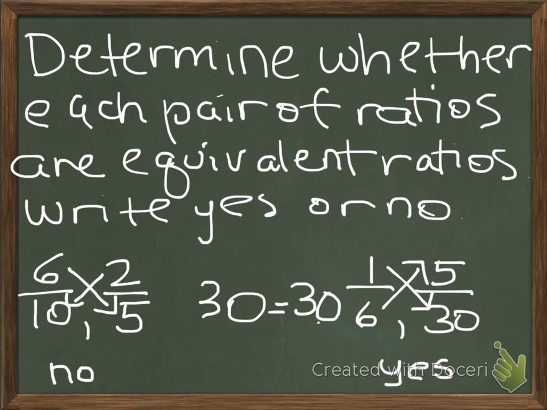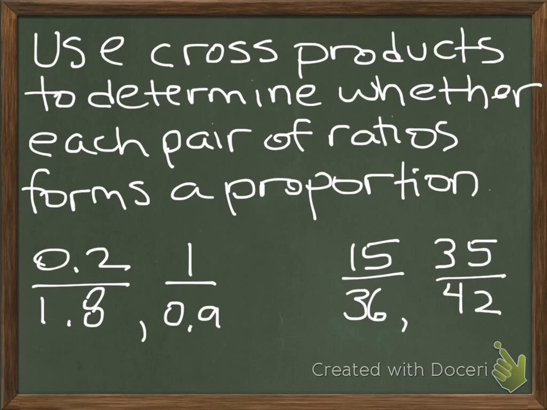All right. Next one. Just like I said before, using cross multiplication is the same thing as when they ask you to use cross products. So we're actually doing the same thing as we did in the last example. Okay, so they have given us two sets here of ratios, and we're going to check whether they form a proportion by cross multiplying.